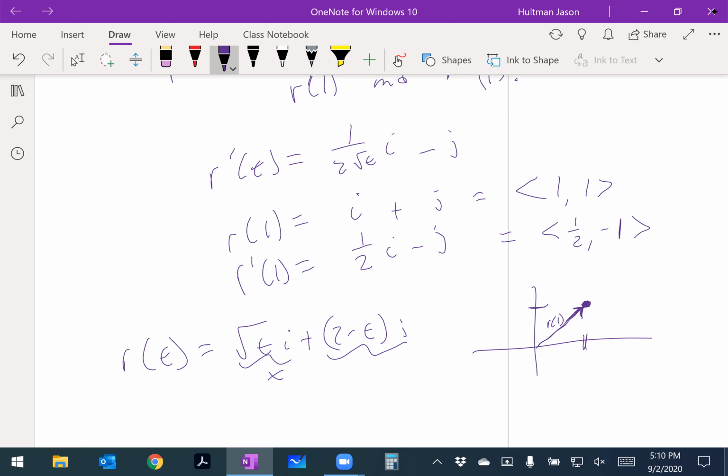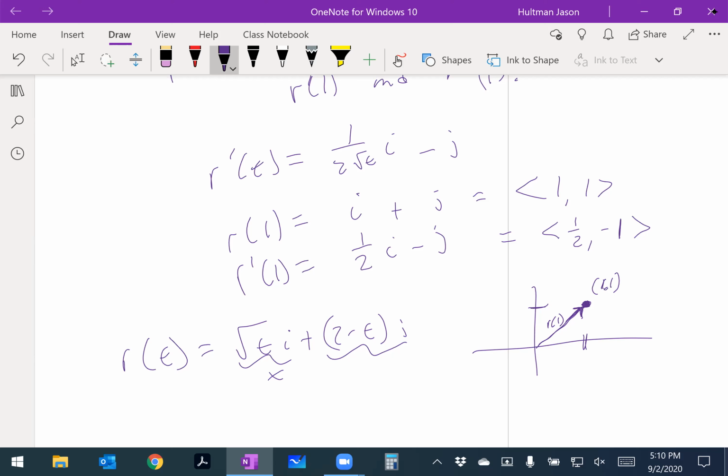The tail of this thing is going to start at 1, 1. Why is the tail going to start at 1, 1? Because it's tangential to the curve at this point.